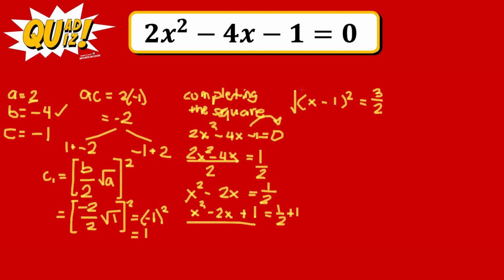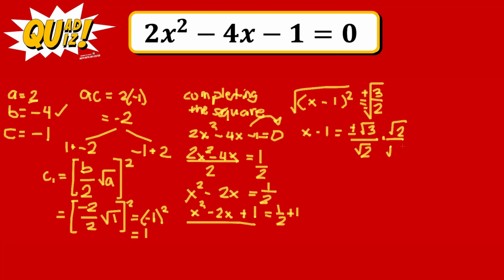Here, let's take the square root of both sides now. Take note that when you do that, plus minus here for a constant. So we'll have here x minus 1 would be equal to the positive, negative. We could separate this square root of 3 over square root of 2. The reason for separating these two is actually we need to rationalize the denominator.